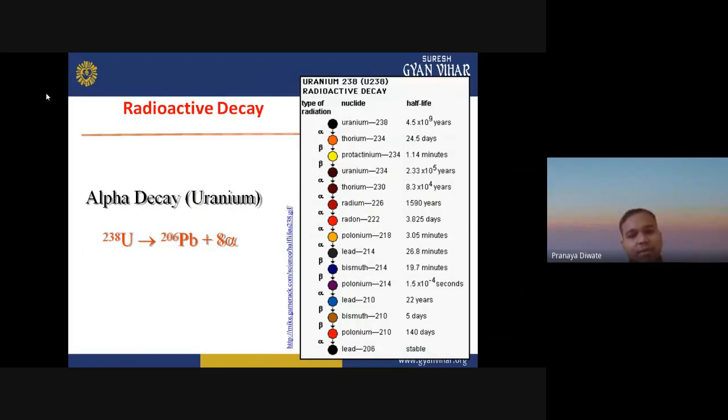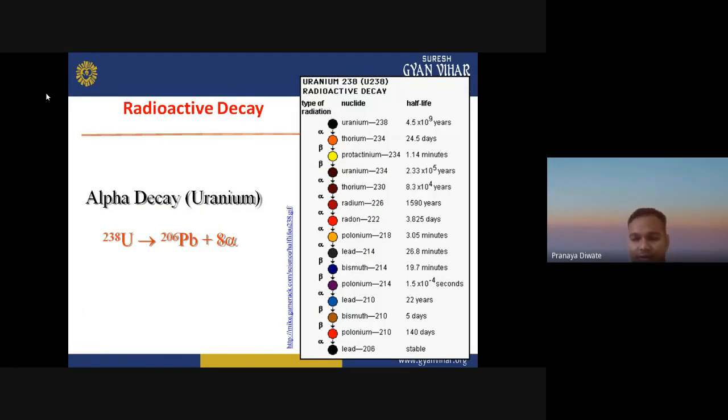Then you have the alpha decay of uranium. This is an example of how the series goes. A single element does not convert directly to the final one; it goes to another, then the third, then the fourth, like that.